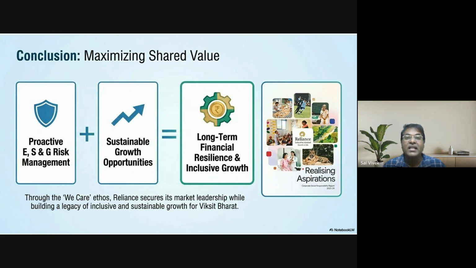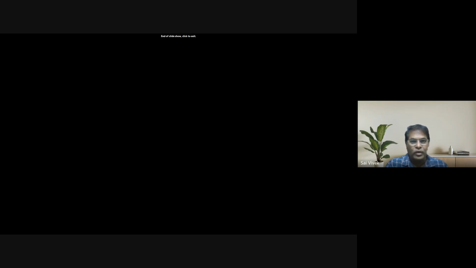It has to be done even before, proactive planning and execution. And sustainable growth, if these two are clubbed together, this would give long-term financial resilience and inclusive growth. Through the We Care ethos, Reliance secures its market leadership while building a legacy of inclusive and sustainable growth for Viksit Bharat. So all this is presented in this BRSR report in section 1.